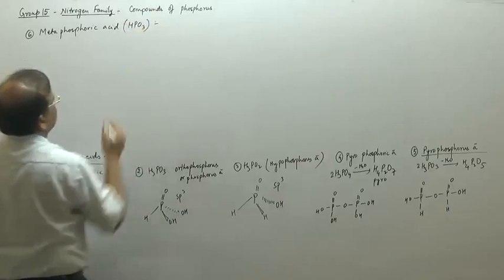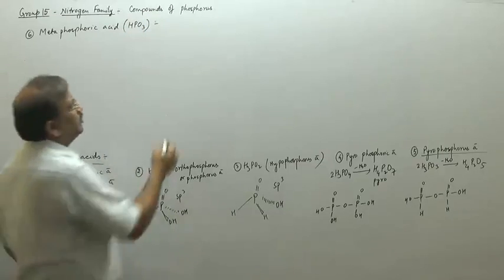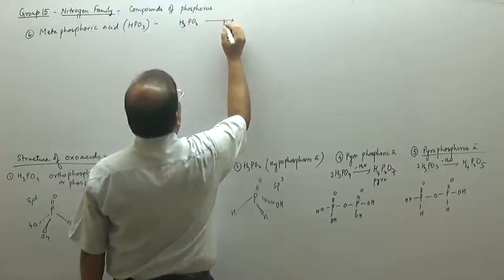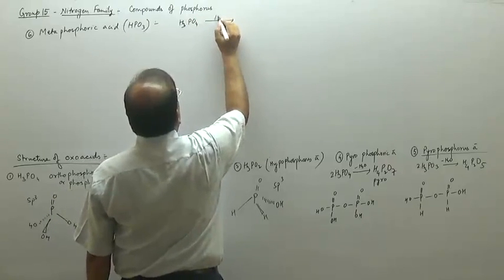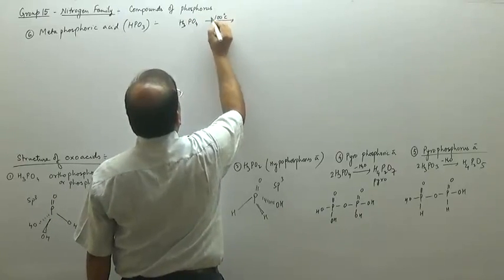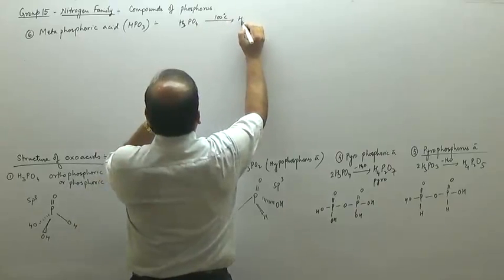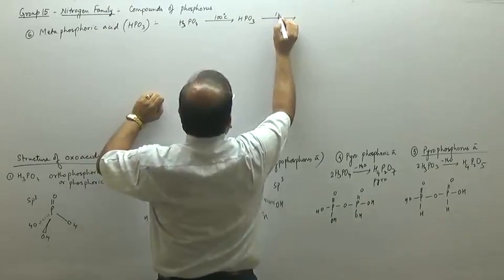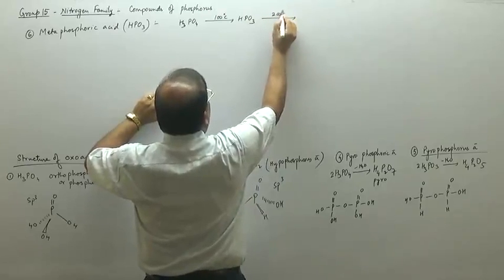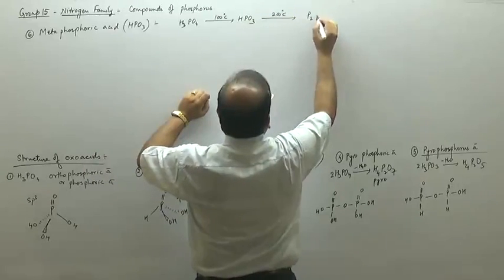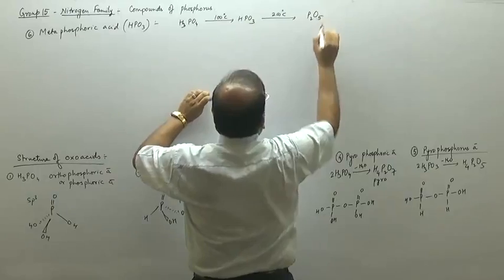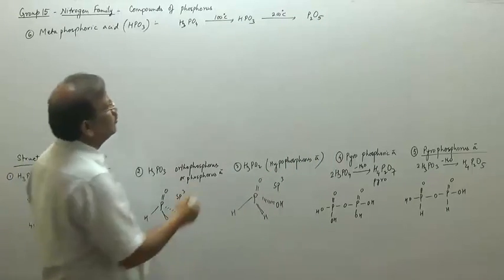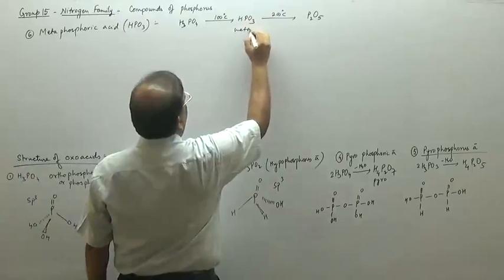It is prepared when H3PO4, phosphoric acid, is heated at low temperature, around 100 degrees centigrade; then it gives HPO3. When this is heated at high temperature, around 200 degrees centigrade, we get P2O5. So here we have written the metaphosphoric acid. So this is metaphosphoric acid.